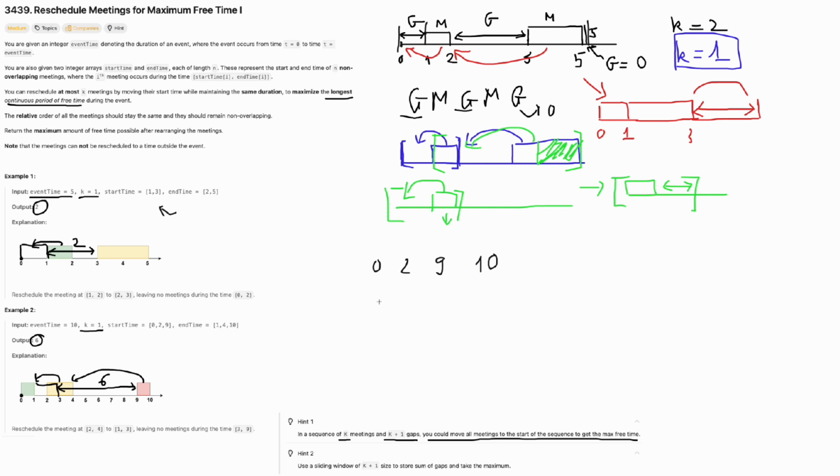Sorry, I will add this as 1 first, and because we put padding, this is the start and this is the end. Then 2, 4, and 9, 10, and we have 10, 10. So our window is here, the first one.